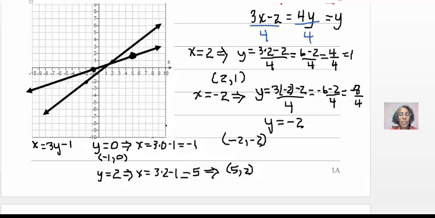And when we do that, we see that we do have a point of intersection whose coordinates are (2, 1). So this system has one and only one solution, and that is the point (2, 1). So my solution is this point.